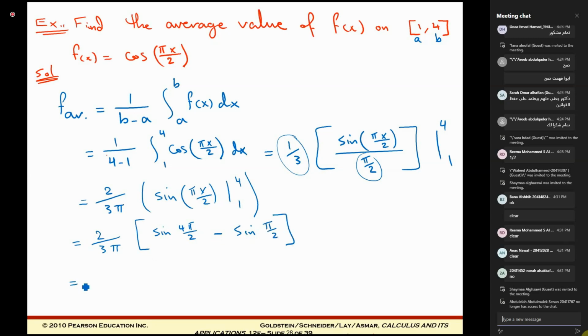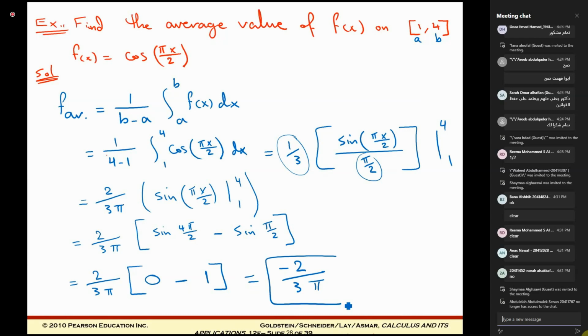This equals 2 over 3 pi times sine 4 pi over 2, which is 2 pi, sine 2 pi is 0, minus sine pi over 2, which is 1, so we have negative 1 multiplied by 2 over 3 pi, so we have minus 2 over 3 pi.